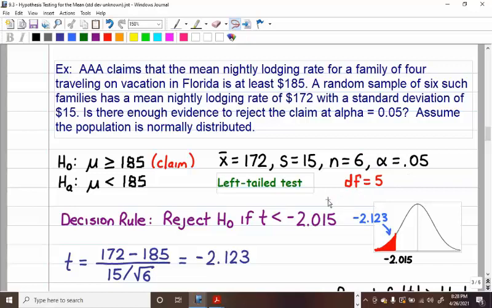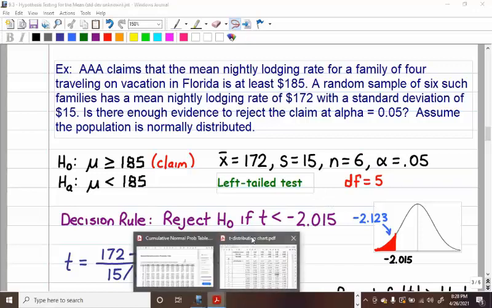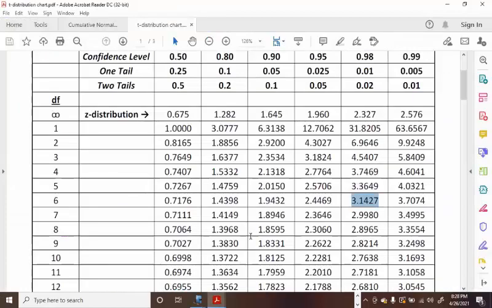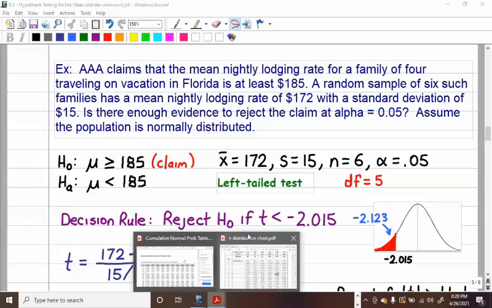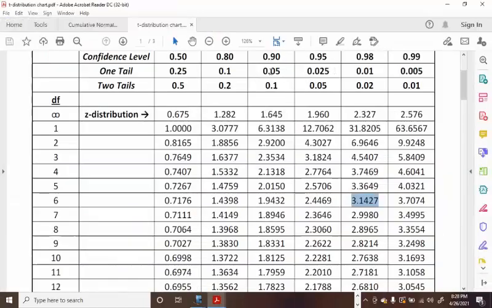So we look up 0.05 one-tailed with, no, wait, 5 degrees of freedom. 0.05 one-tailed. Right here, 5 degrees of freedom: 2.0150.